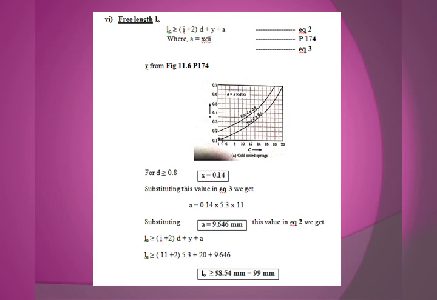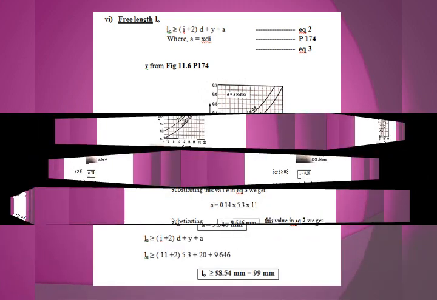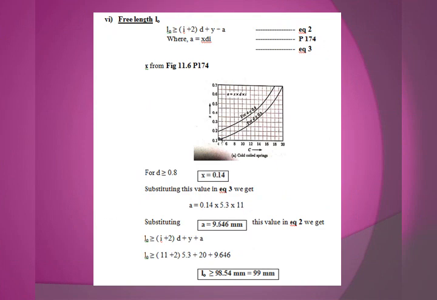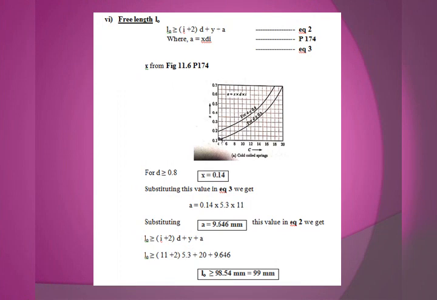Of the two graphs given, one is for d less than 0.8, another is for d greater than or equal to 0.8. In our case, small d is equal to 5.3, it is greater than 0.8. So we are supposed to refer to the curve with d greater than or equal to 0.8 for the corresponding spring index C. For the corresponding value we are getting just below 0.15. So I took x equal to 0.14.